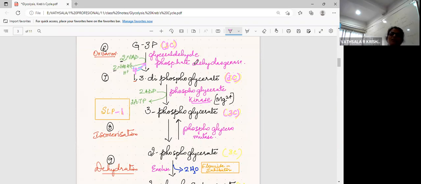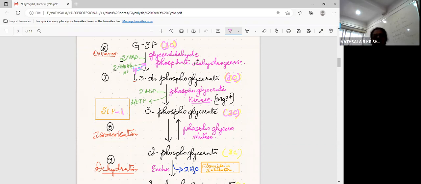Now in the sixth step, oxidation, that is removal of hydrogen. When hydrogen is removed, it becomes acid, and inorganic phosphate is also added. So that is oxidation.